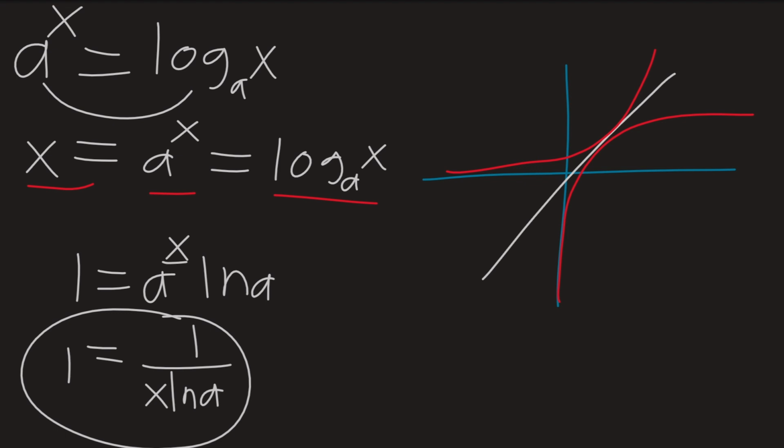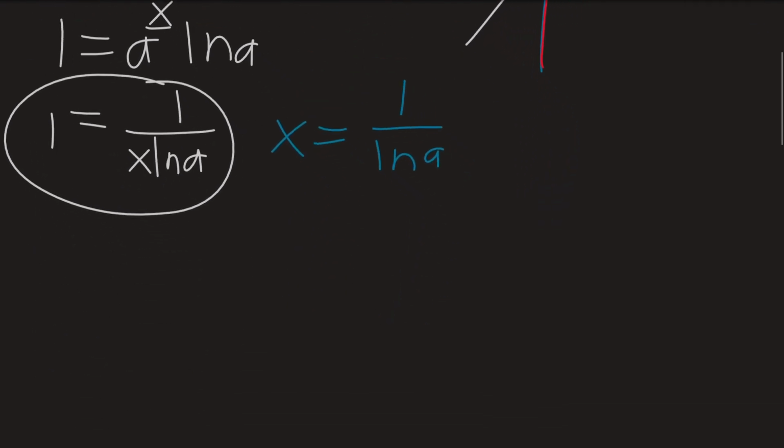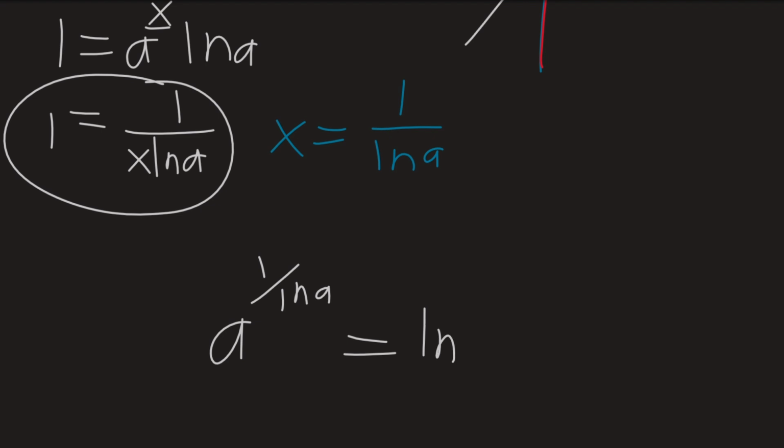So x is equal to 1 over the natural log of a. Whenever we sub this in, we have a to the 1 over natural log of a is equal to 1 over the natural log of a. Let's simplify this term.